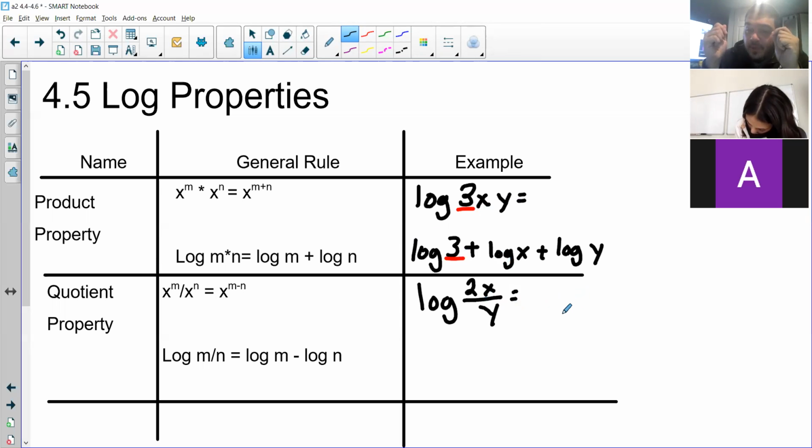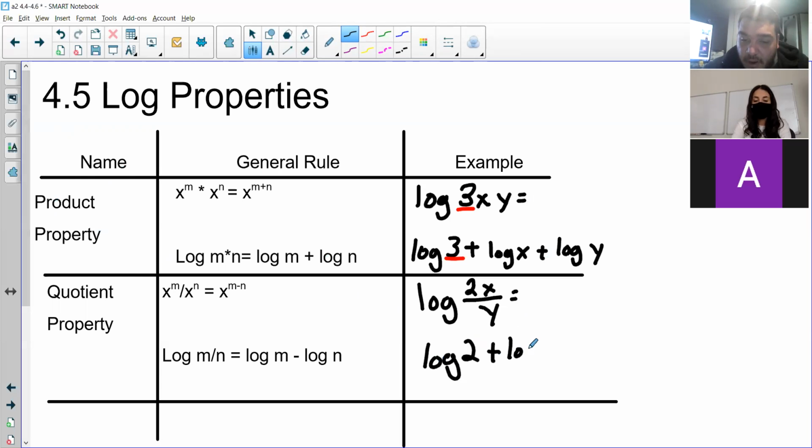Now, log 2x over y, those are the normal size ones. What's happening between the 2 and the x is they're being multiplied. So since they're being multiplied to each other, when you spread it out, you'll follow the product rule, which is log 2 plus log x. So that part will have a plus sign in between.